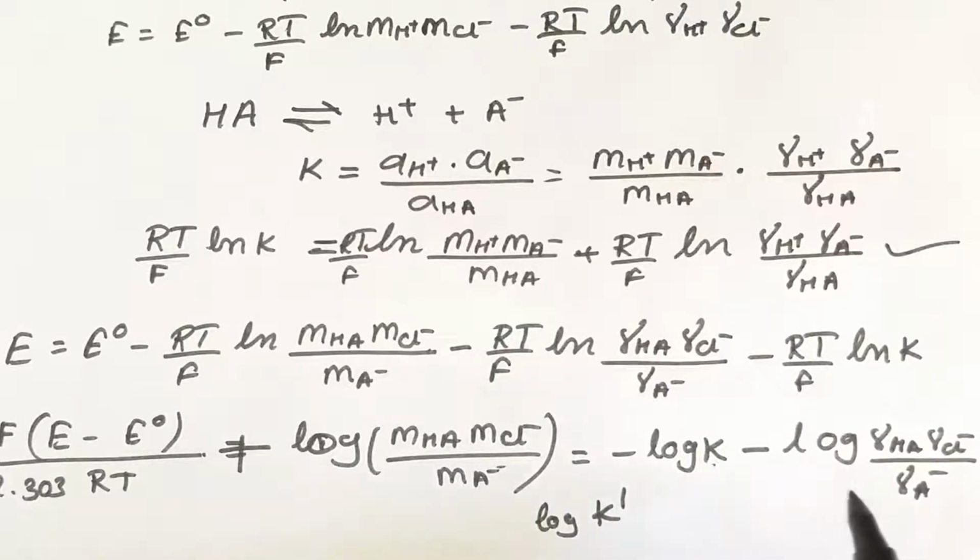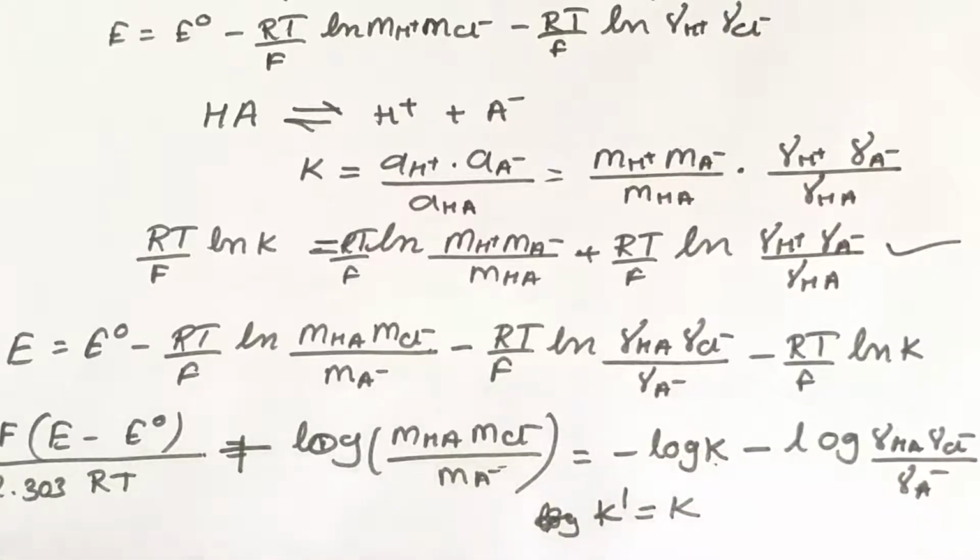And at infinite dilution, we know that activity will be equal to the concentration, and under such circumstances the activity coefficient gamma is equal to unity, and log of 1 is 0, and at infinite dilution K dash will be equal to K.